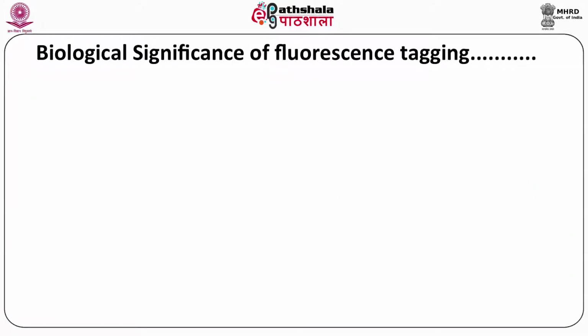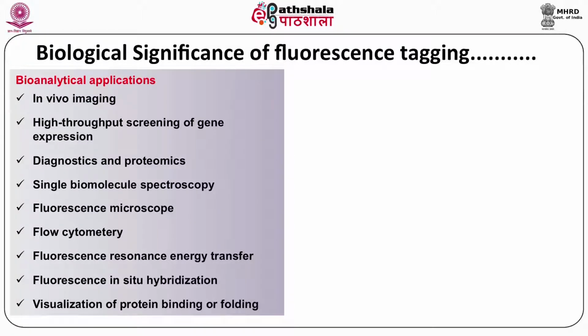Here we discuss the biological significance of fluorescent tagging. Fluorescent tagging with green fluorescent protein has a large number of applications, especially varieties of bioanalytical applications such as in vivo imaging, high throughput screening of gene expression, diagnostics and proteomics, single biomolecular spectroscopy, fluorescence microscopy, flow cytometry, fluorescence resonance energy transfer, fluorescence in situ hybridization, and visualization of protein binding or protein folding dynamics.